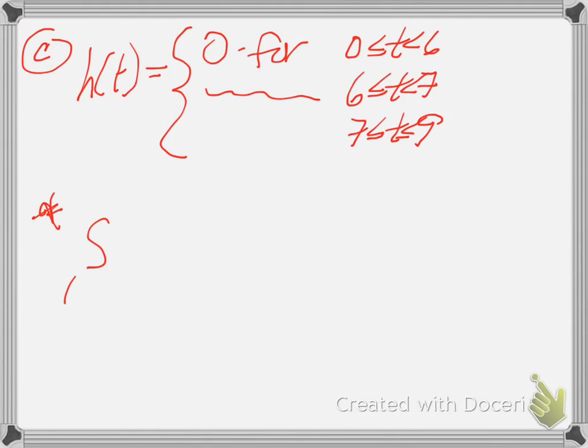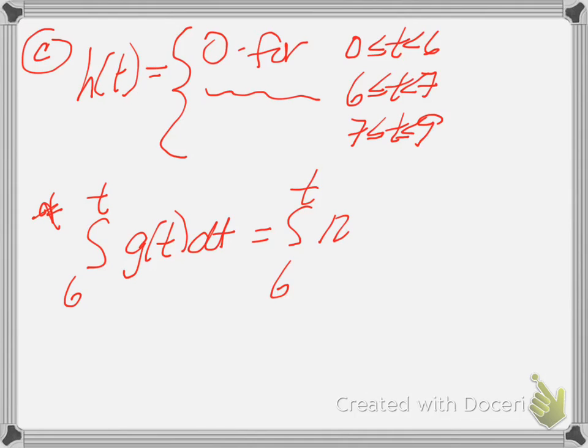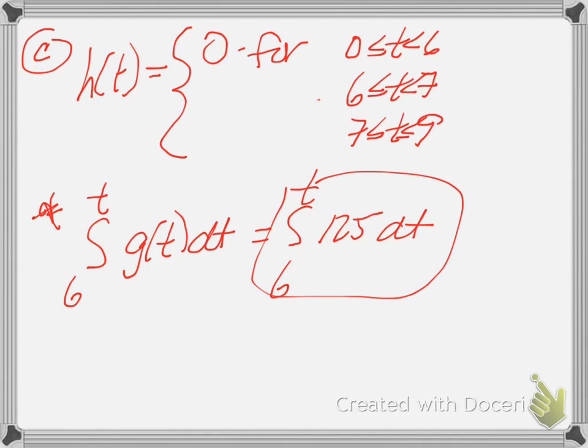We're going to have the integral from 6 to t of g of t dt. So g of t dt is 125, so from 6 to t of 125 dt. This piece here is going to go up here.